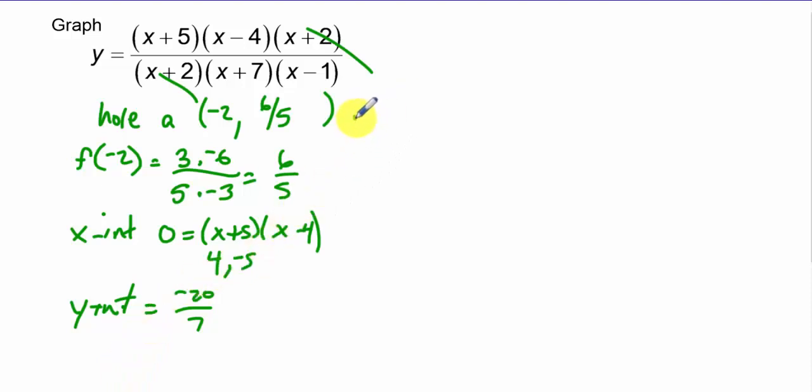Vertical asymptote looks to be -7 and 1 for x. And horizontal in this case, it will have a horizontal because notice if I were to multiply these out, I would have x squared on top and x squared on bottom. So if I take the leading coefficient, which is 1 on the top and 1 on the bottom, then I have a horizontal of y equals 1.